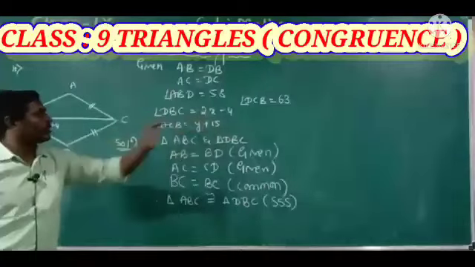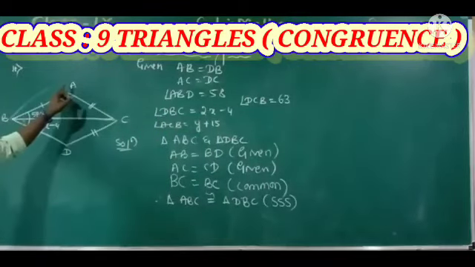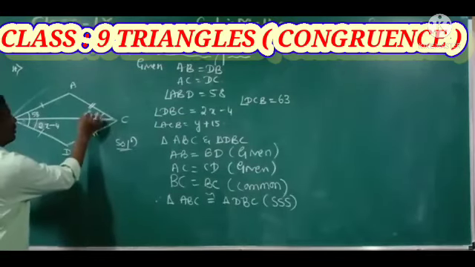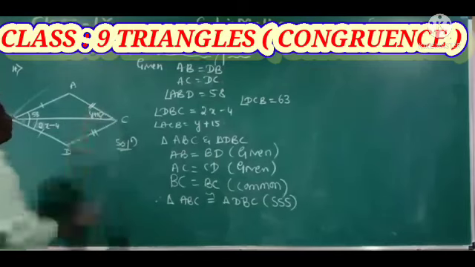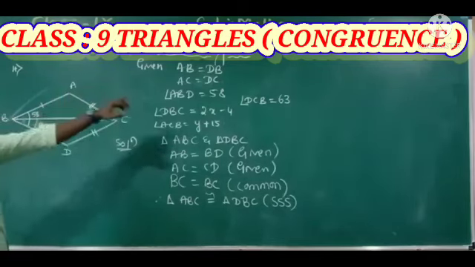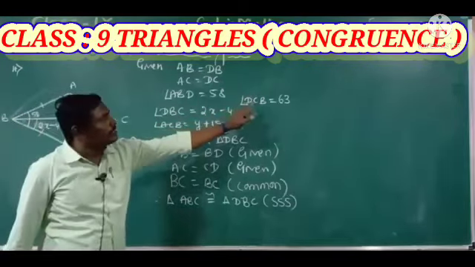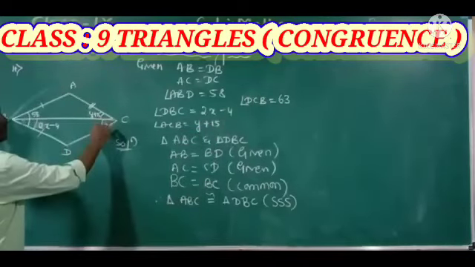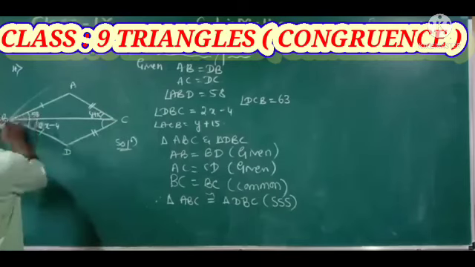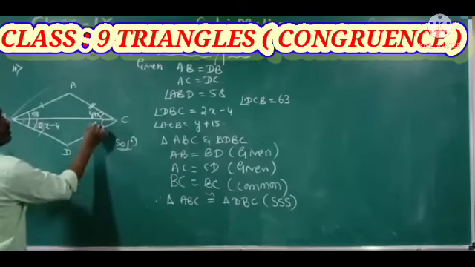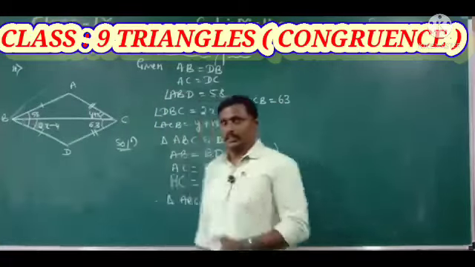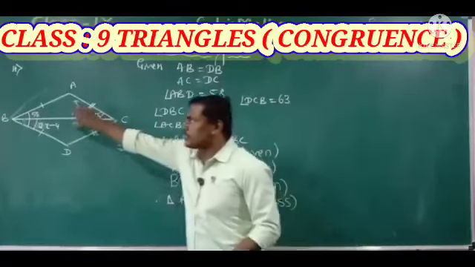And one more, angle ACB, this angle is y plus 15. And one more angle is given, that is angle DCB. This angle is 63, right? Listen here, we already proved that these two triangles are equal, no?